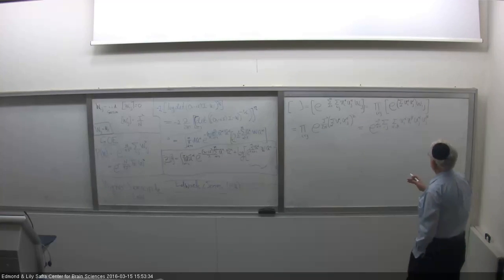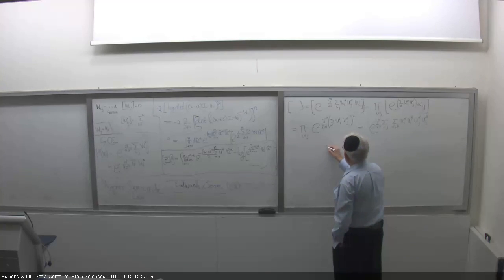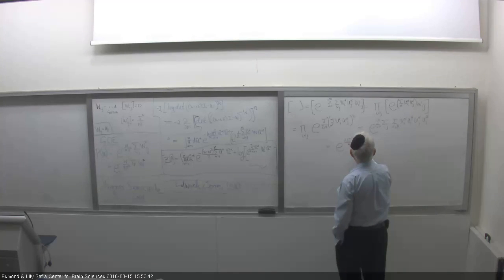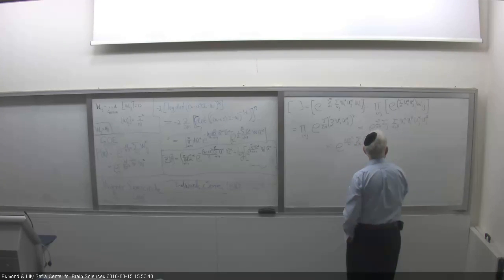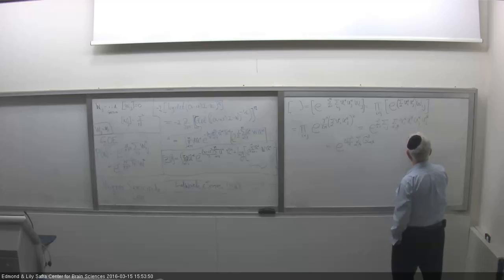And finally, this I can write as e to the n times J squared over 4 times the sum over alpha and beta of q alpha beta squared, where q alpha beta is defined as 1 over n times the sum over i from 1 to n of u_i alpha, u_i beta.